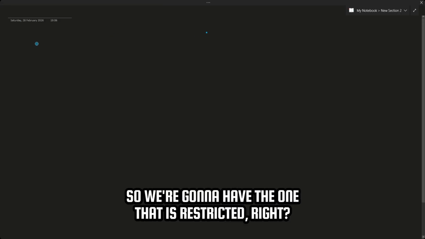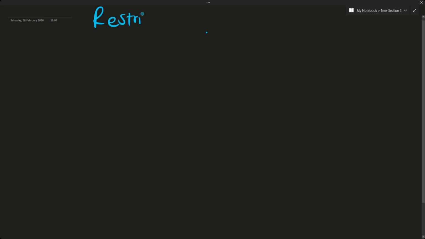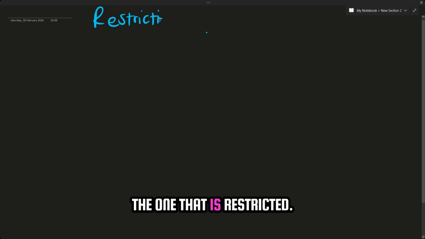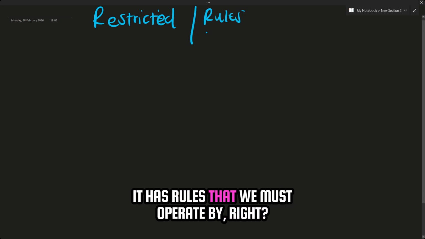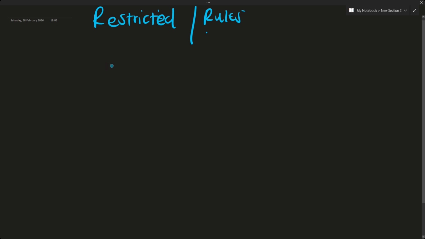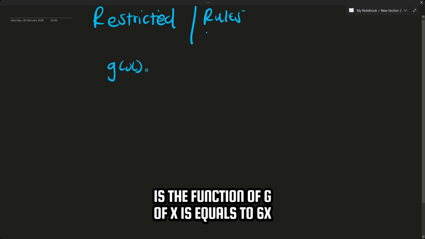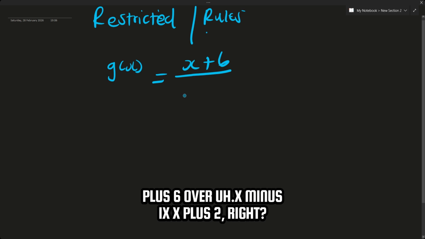So we're going to have the one that is restricted, right? The one that is restricted means that it has rules that we must operate by, right? Take the function g of x is equals to (6x plus 6) over (x minus 1)(x plus 2), right?